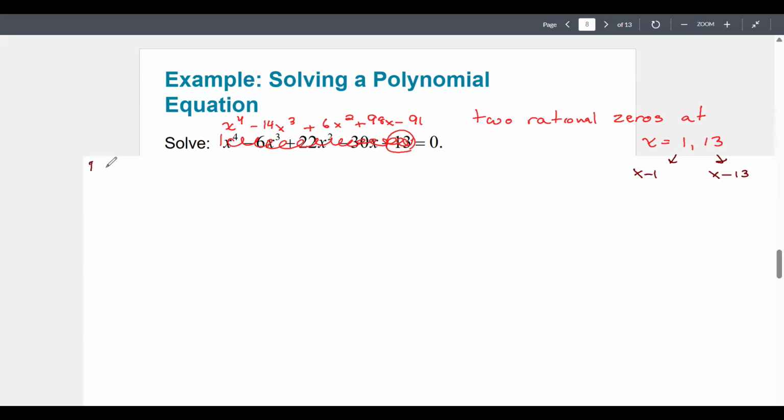So we're going to divide by the x minus 1 first. That means I'm just using that 1, dividing that 0 out. And my coefficients here are 1, minus 14, 6, 89, and minus 91.